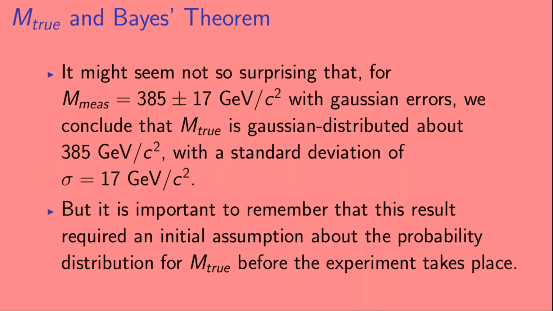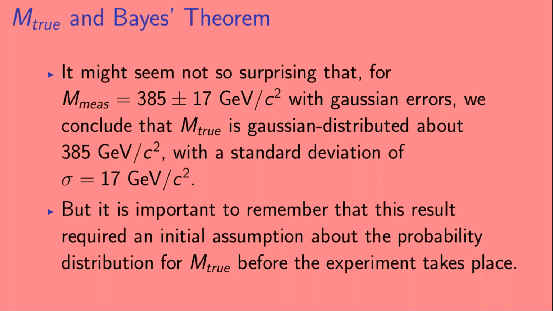Now, it might seem not so surprising that for M measured equals 385 plus or minus 17 GeV/c² with Gaussian errors, we conclude that M true is Gaussian distributed about 385 GeV/c² with a standard deviation of sigma equals 17 GeV/c².